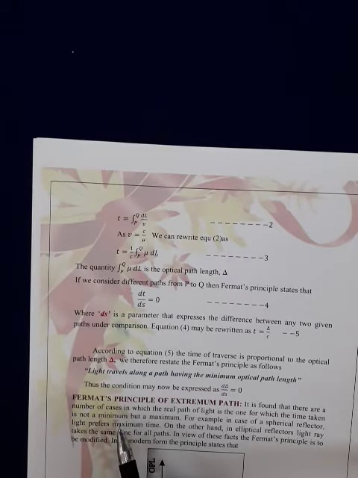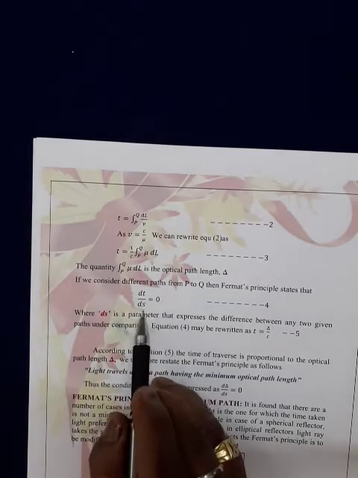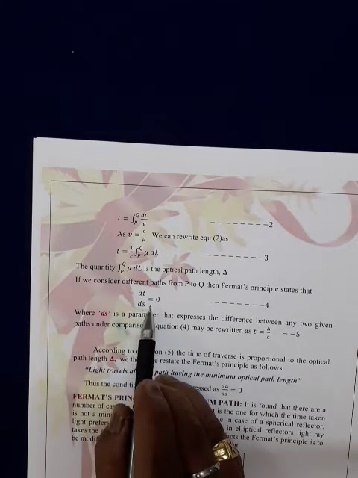If you consider different paths from P to Q, then Fermat's principle states that dt by ds equals 0. What does Fermat's principle say?